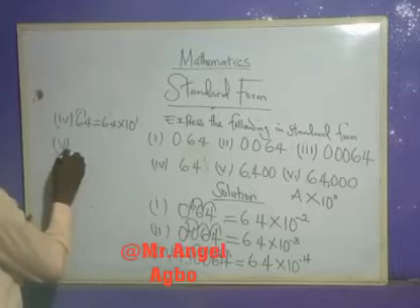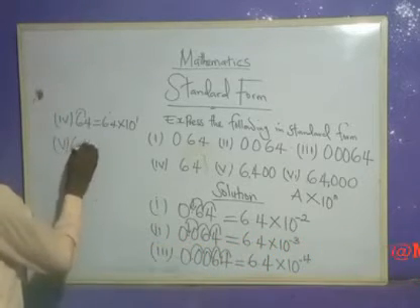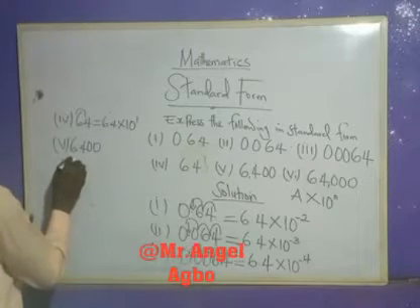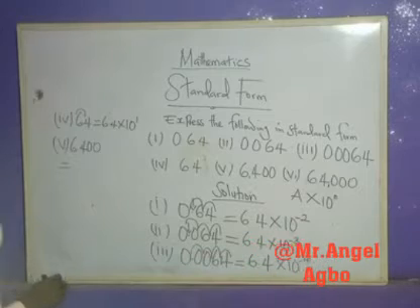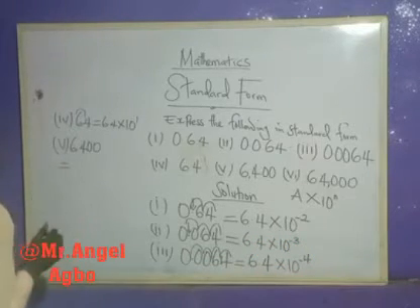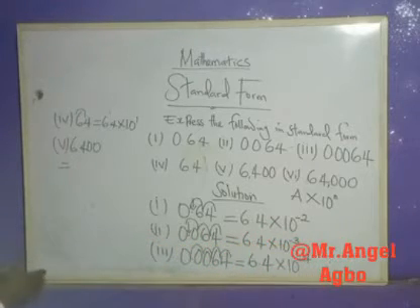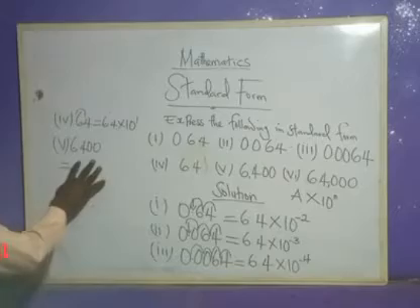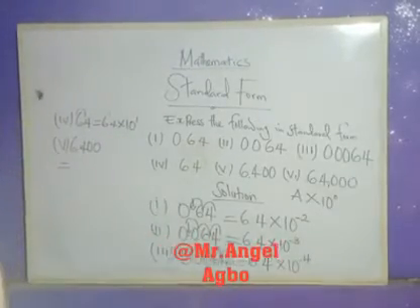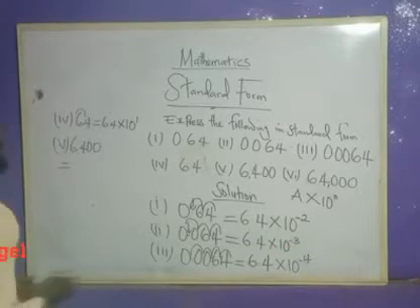Let's go to number 5. We have 6,400 to be equal to... remember that for every positive value like this, we are always counting to the left.